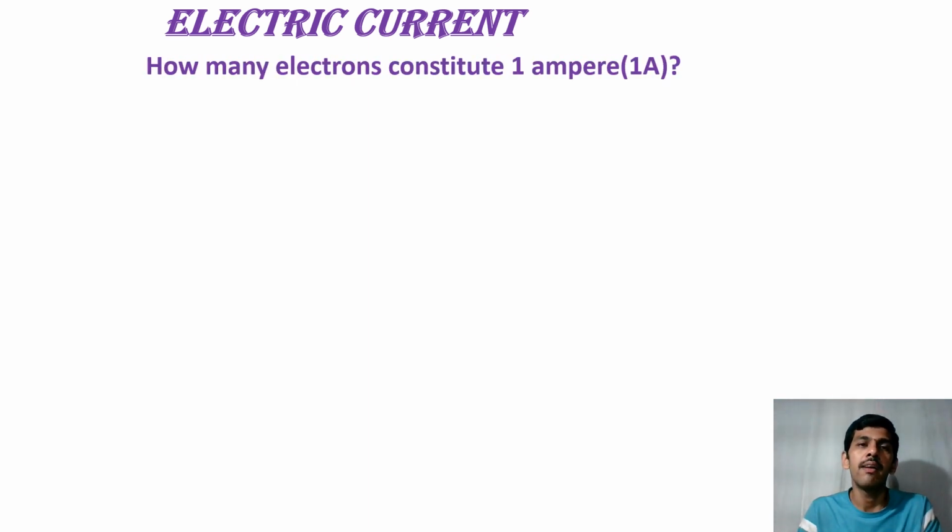Next concept which we are going to discuss in this particular chapter is how many electrons are required to form a current equal to 1 ampere. As we have already studied, 1 ampere is nothing but the flow of 1 coulomb of charge in 1 second.